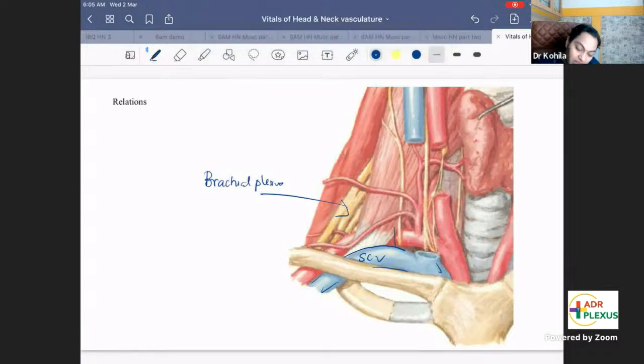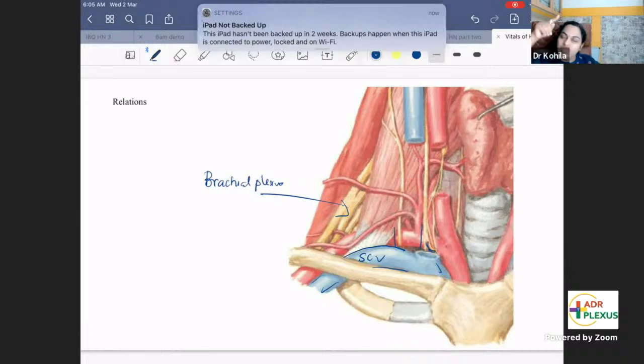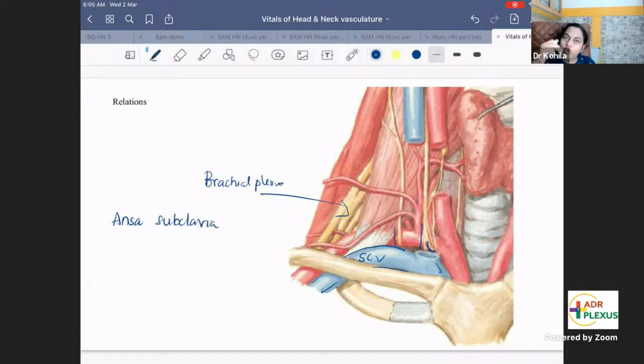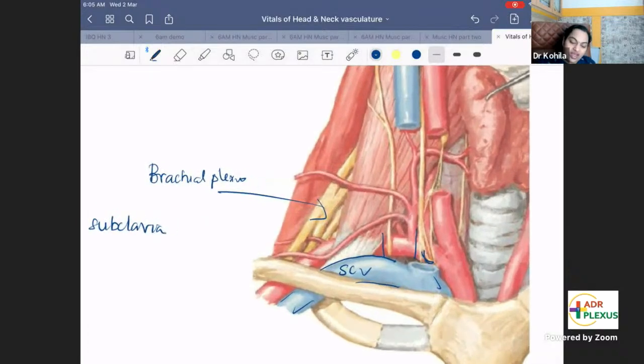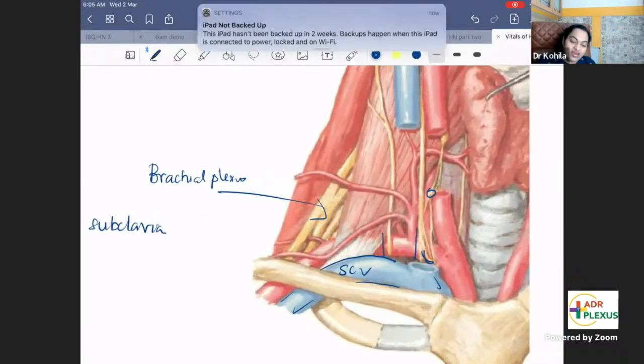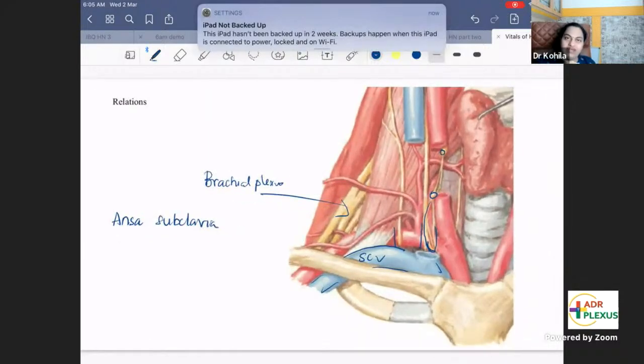You saw the vagus here. Can you see this loop here, something winding around the inferior aspect of the first part of the subclavian artery? That's the ansa subclavia. Ansa subclavia is nothing but the loop connecting the inferior and middle cervical ganglion, winding around the lower aspect of the first part of the subclavian artery.